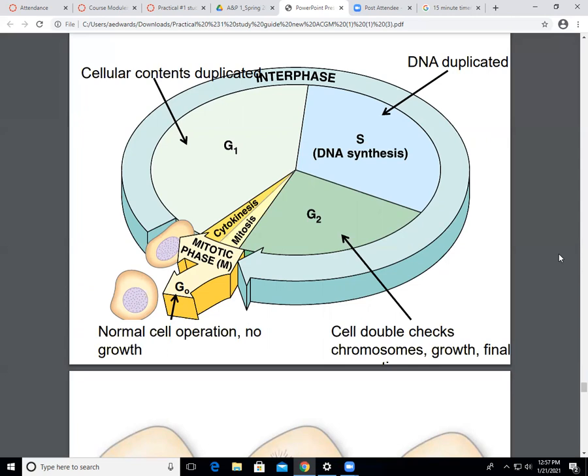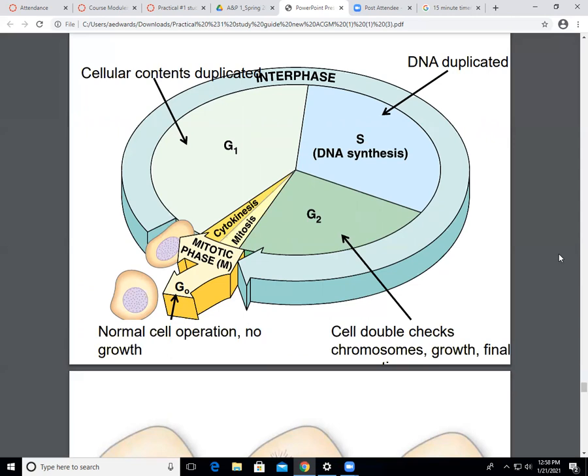Then we hit M phase or mitotic phase. And so mitotic phase is sort of a broad category, which is mitosis and cytokinesis. And actually, at G2, we said this is a checkpoint. If there are problems, you can just go back to normal cell operation and no growth.